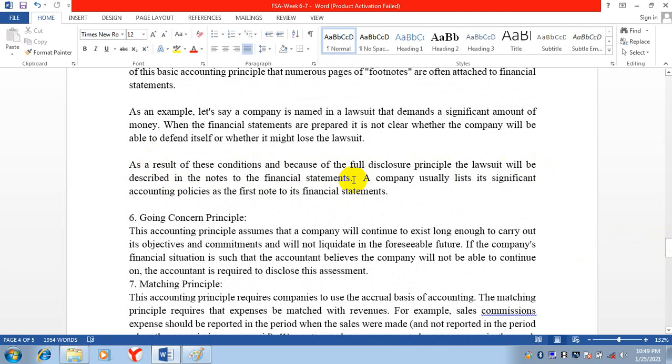A company usually lists its significant accounting policies as the first note to its financial statements. Whatever significant event there is must be disclosed in the notes below the financial statements.